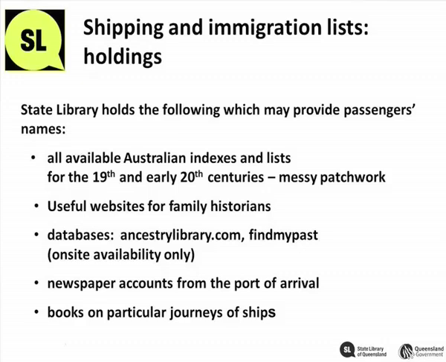We hold the following: all available Australian indexes, that is from New South Wales, Victoria, Tasmania, South Australia and Western Australia, if they are available to us. Some, as you will realise from what Greg and Niles have said, will only be available at their particular archives. Increasingly, though, they are available on the web.